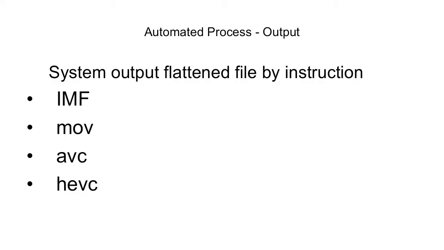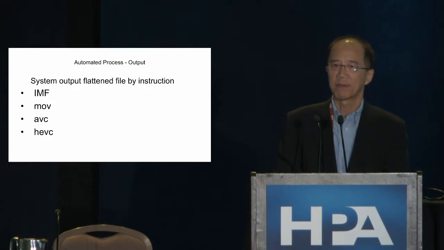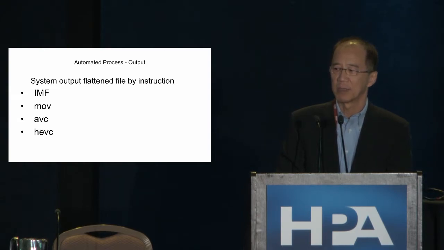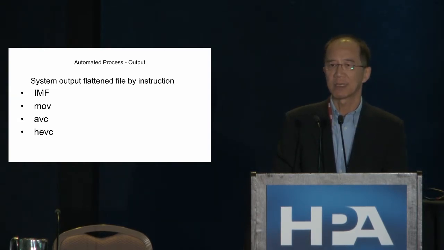Especially it will make life easier for other vendors or downstream processing. And we make a flat IMF, flat track file, and send it out. And inside of the master package, we have supplementals, all componentized. But when we output, we make a flat file. ProRes or other format is a single flat file most of the time.